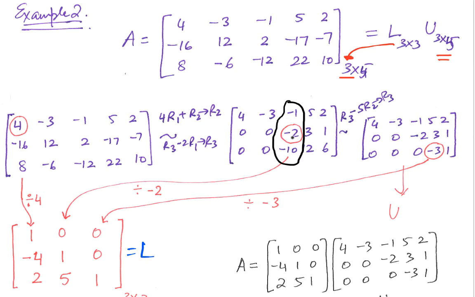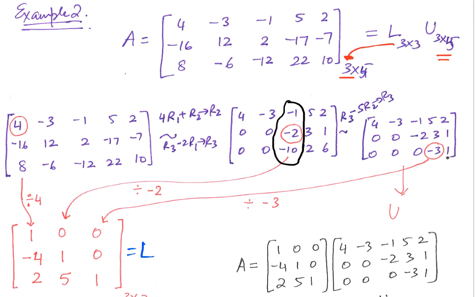Now that means we look at this non-zero term, which is the pivot element, and you divide the whole column beneath it, not above, beneath it, by -2. We get 1 and 5. And then we go ahead and apply the algorithm. When you apply the algorithm, this is exactly in the upper triangular form.